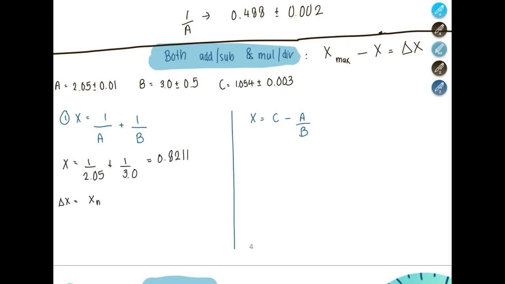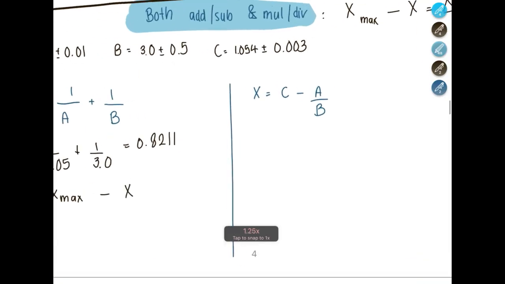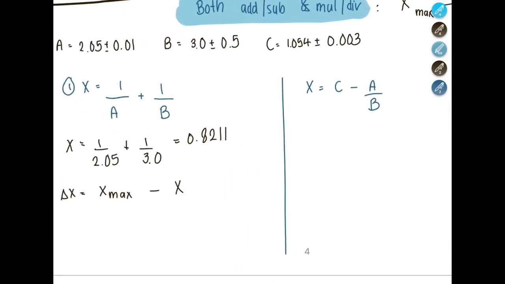Now you have to find delta x. Find x max minus x. So to find the maximum value of x, in the denominator you should take the smallest value, because if you have a small denominator, you will have a big value of x. So this is going to be 1 divided by 2.04. Now how did you get 2.04?